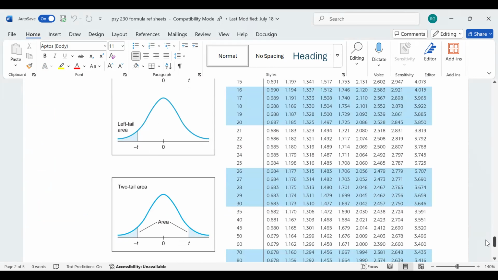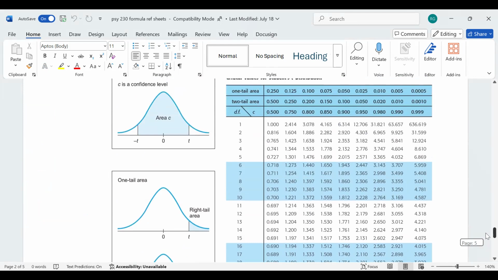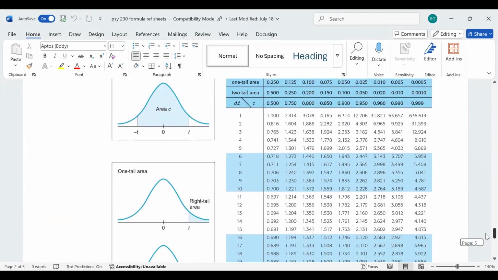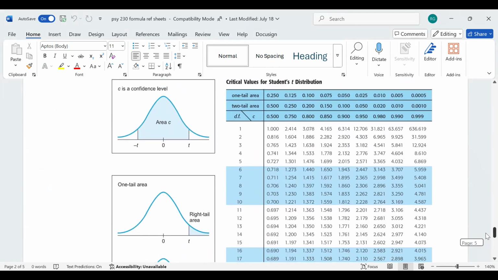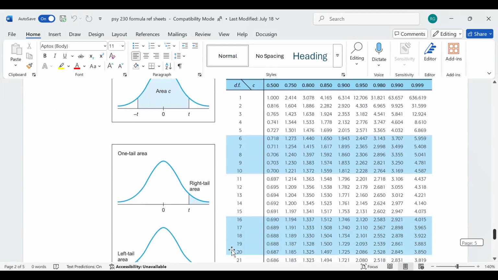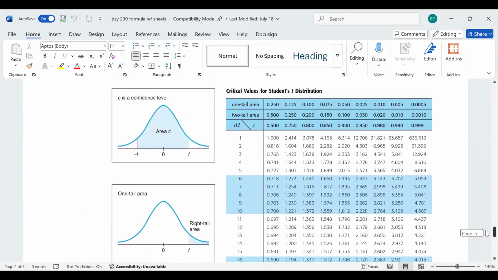So if I go to the chart and then find degrees of freedom is 29, I'm going to scroll down. But because this is left-tailed, this time around I'm not going to use the C. I'm going to go to a one-tail area and then find the alpha, which was 0.05. Let me check again.